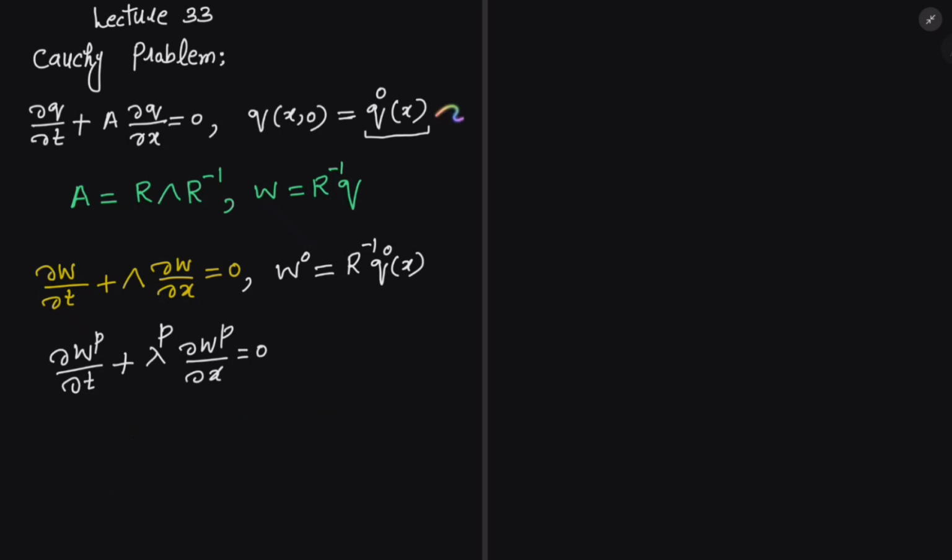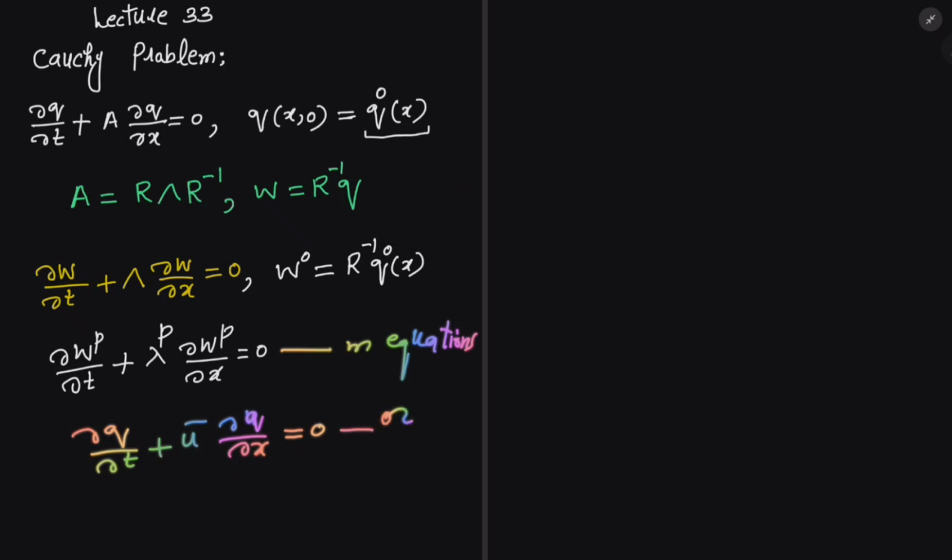We want to convert our original problem into W since we want to compare this with the advection equation. You remember that in advection equation we had partial q by partial t plus u bar partial q by partial x is equal to 0. We have an equation like this. These are m equations and this one is only one equation.